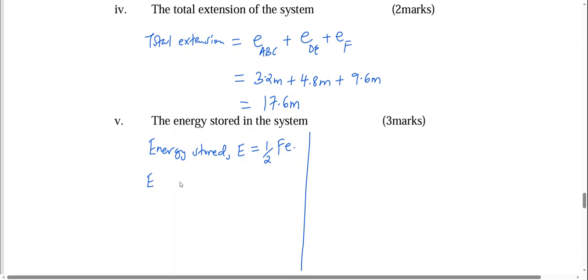Remember, energy is measured in joules. We'll have E is equals to a half multiplied by the total force, which is 480 Newton, multiplied by 17.6 meter. This results to 4,224 joules.